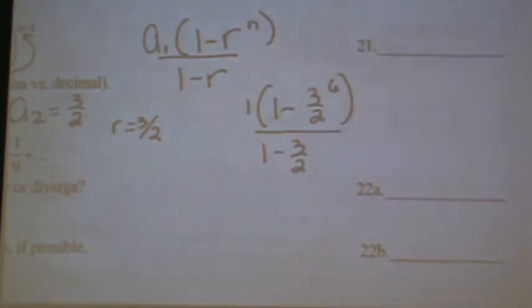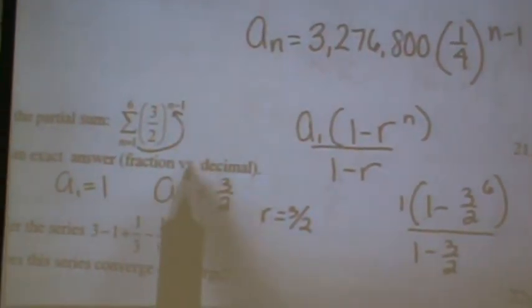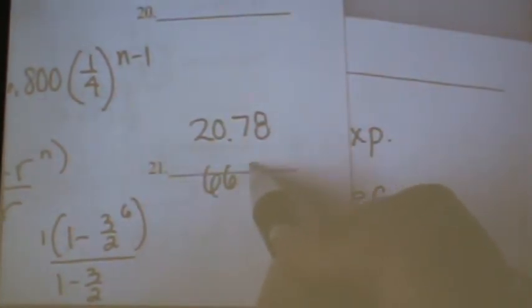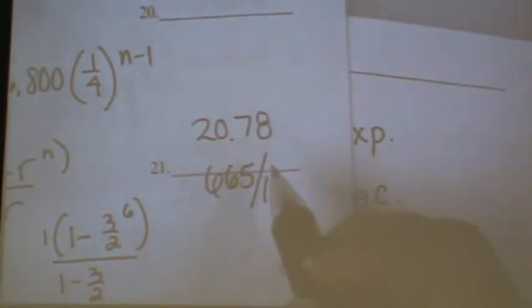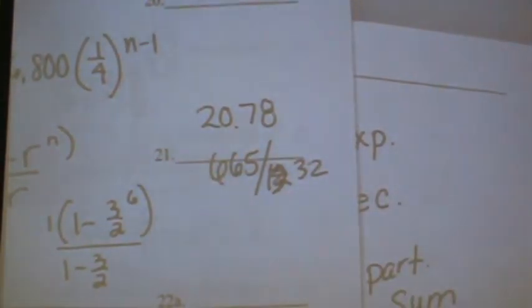And there's your answer, 20.78. Now I go back and I read the question, and it says fraction versus decimal. So I want you to hit math, and then hit frac, and hit enter, and you get 665 over 32.